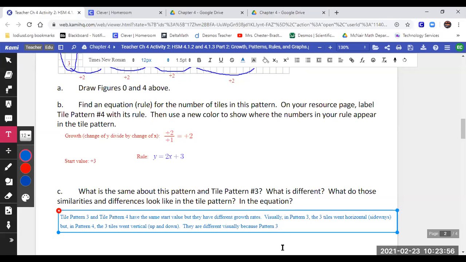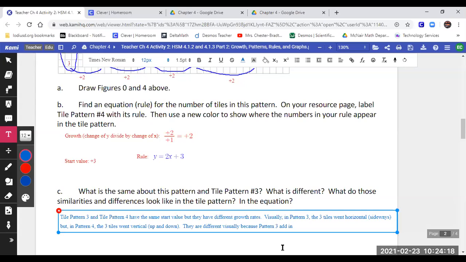Pattern 3 had what happened to it? What specifically happened to that pattern? What do the numbers stand for? What do they represent? Pattern 3 added in what?